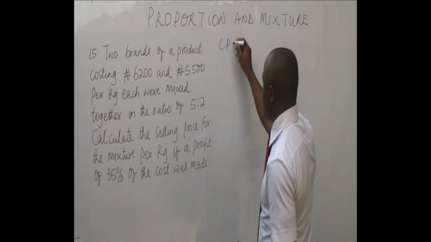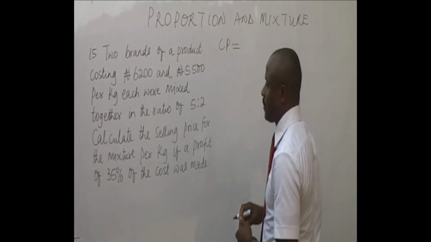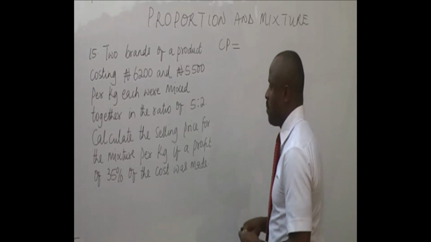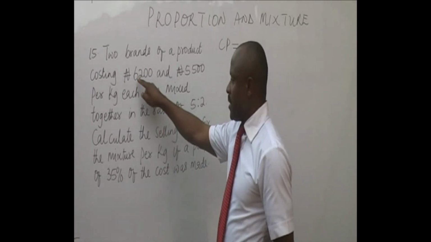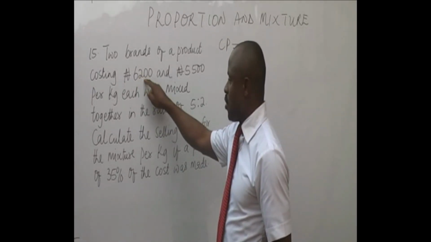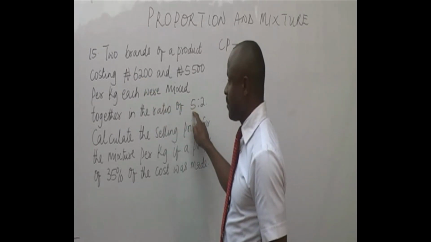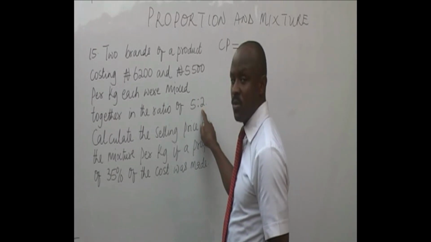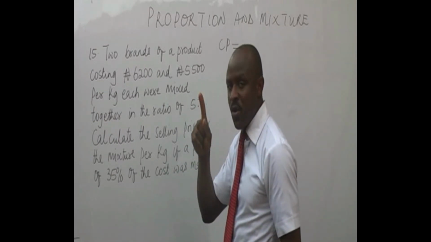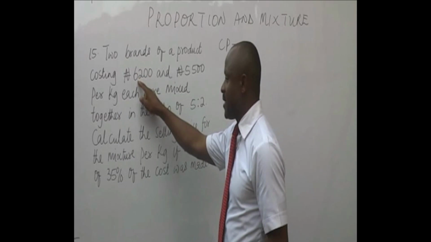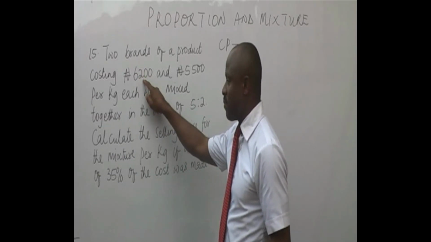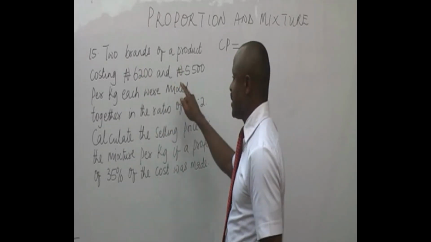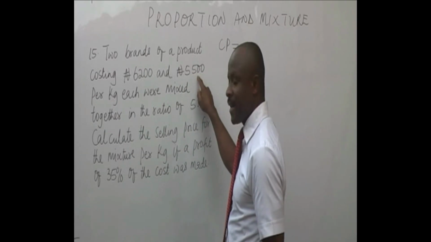Cost price, let it be represented by CP. The cost price is going to be 6,200 times 5 plus 5,500 times 2, because 1 kilogram is 6,200 for this brand. 1 kilogram is 5,500 for this brand.